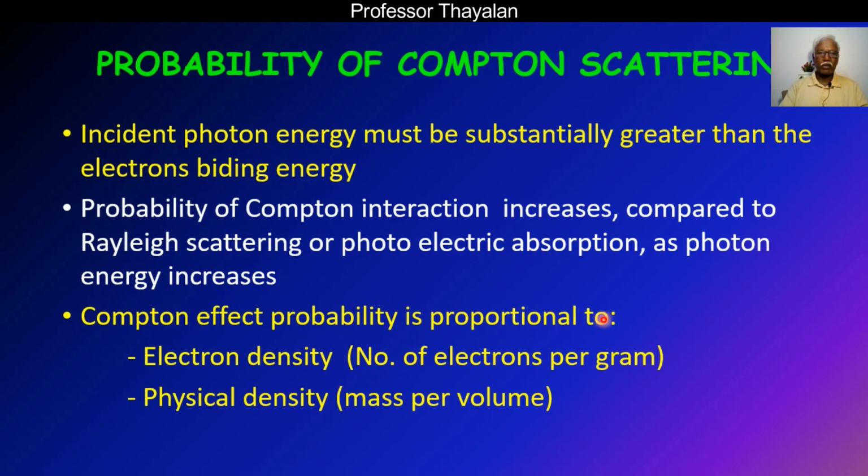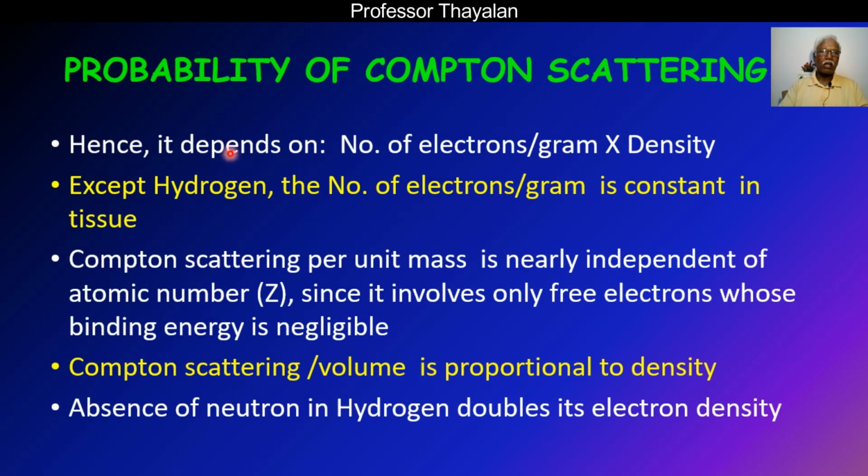Compton effect probability is proportional to the number of electrons per gram as well as the physical density, that is mass per volume. So in summary, we can say that Compton scattering probability depends upon number of electrons per gram times density. In the case of elements except hydrogen, the number of electrons per gram is constant in tissue for all the elements.